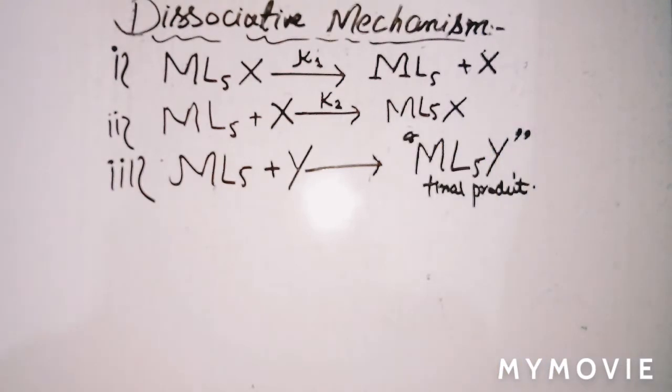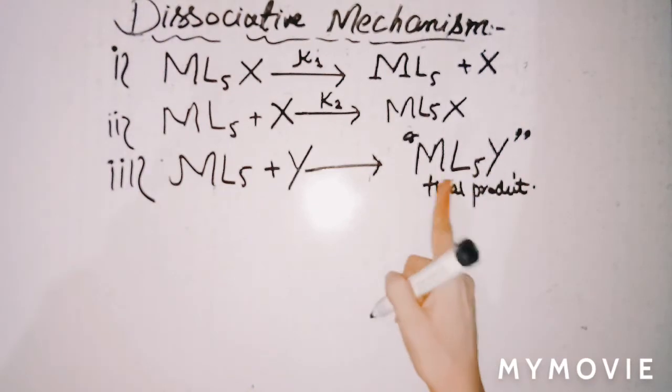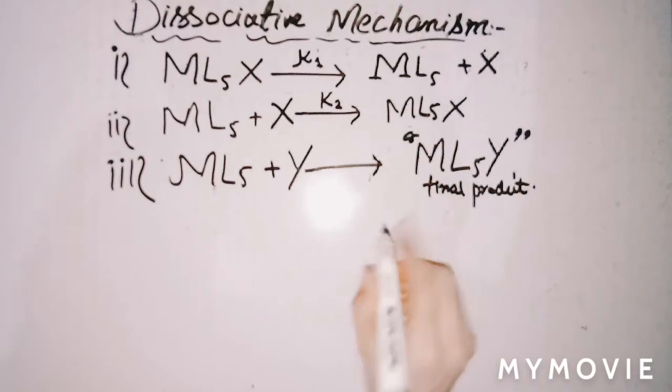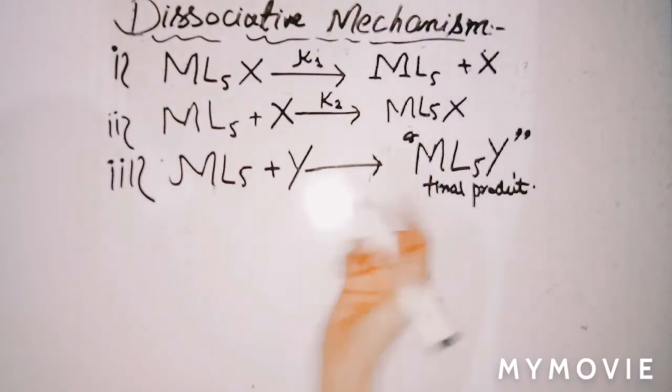In order to find the rate of formation of the final product, we use the rate law and write the rate equation.